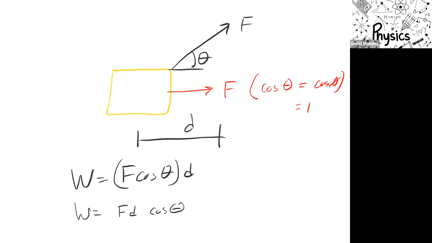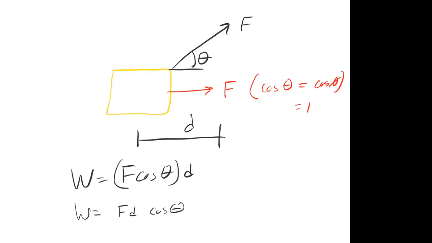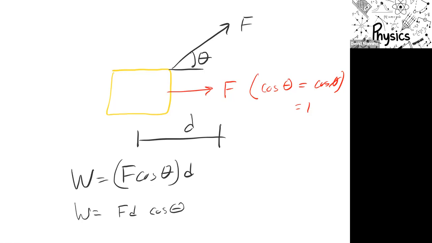So you don't have to worry about it then. Does that make sense? Yep. So all we did was distribute, to move the cosine out to the end. So it just makes it a little neater. But essentially here, this is your F cosine theta.